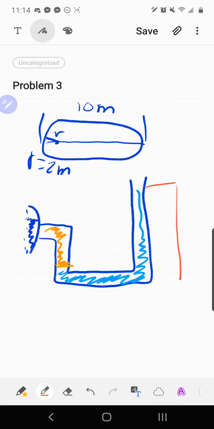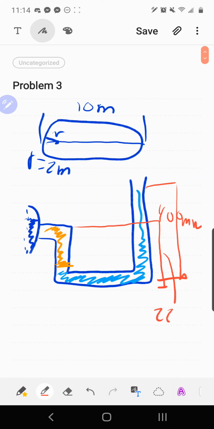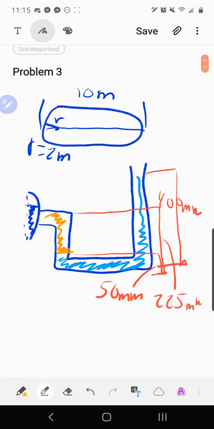Water is up here to down here. This section is 400 millimeters. From here down is 225 millimeters, and from here is 50 millimeters. What is most nearly the pressure in the tank relative to the atmospheric pressure?